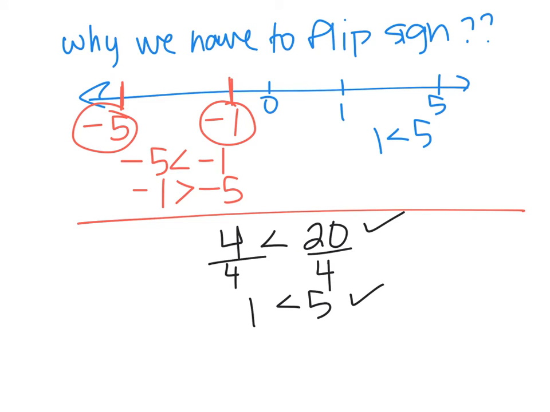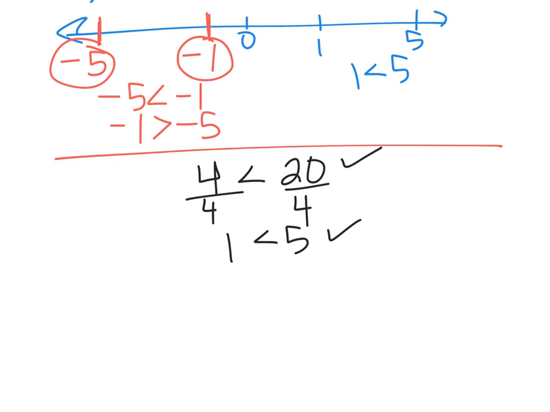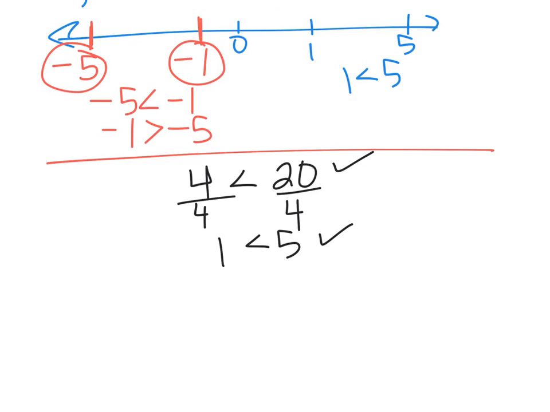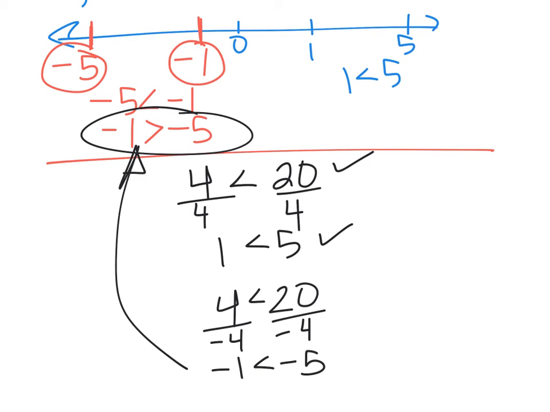However, if I take the same original, 4 less than 20, and I divide both sides by negative 4, then I get negative 1 is less than negative 5, which is false. Negative 1 would be greater than negative 5. So this is why we have to remember that when we flip over the 0, when we multiply or divide something by a negative, that sign flips the other direction.